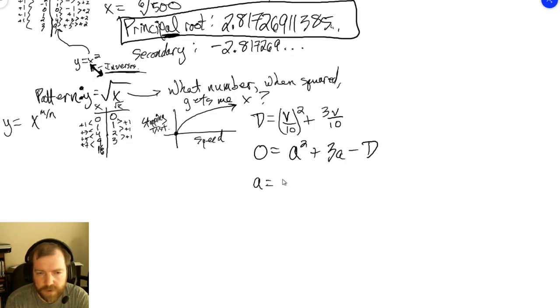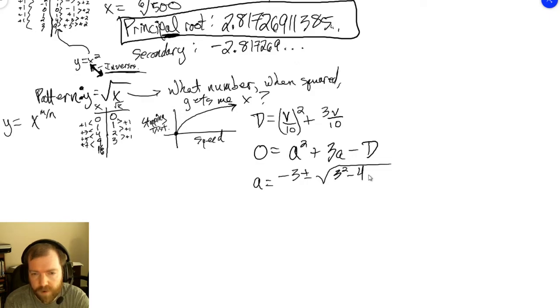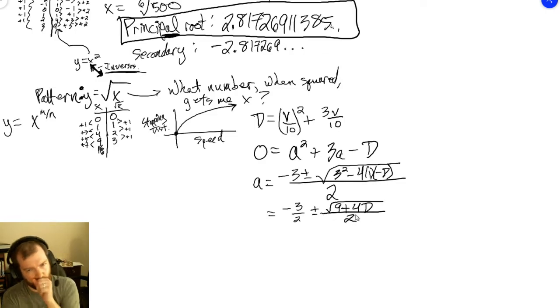Then a would be equal to negative b plus or minus the square root of 3 squared is 9, minus 4 times 1 times negative d, over 2. 3 halves plus or minus the square root of 9 plus 4d over 2. Right, so that's the simplified version of this formula.